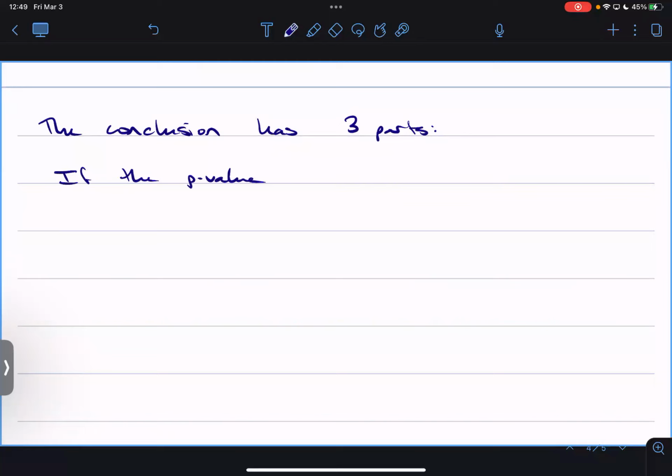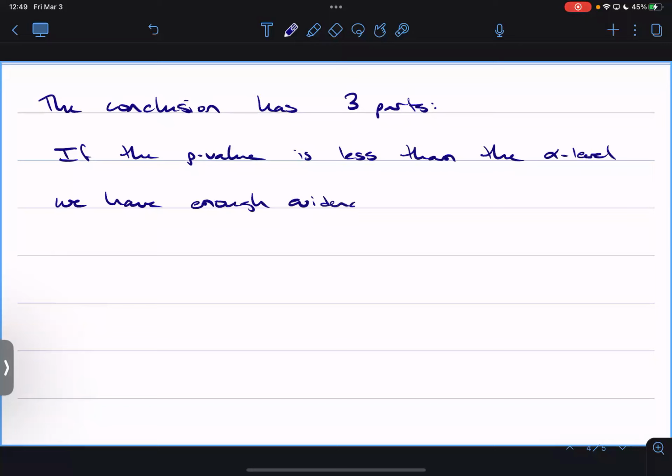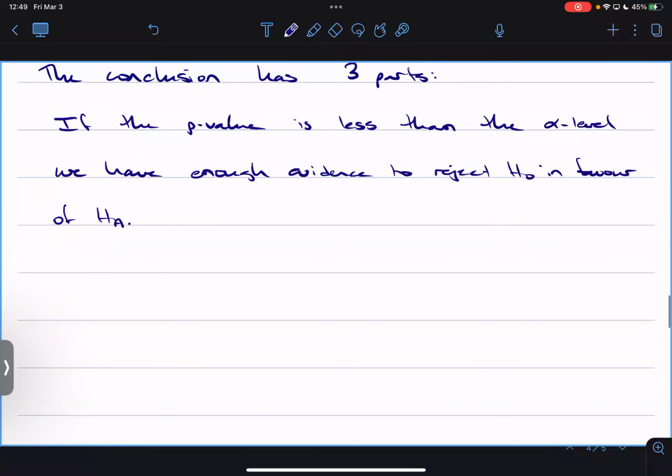And so if the p-value is less than the alpha level, we have enough evidence to reject H naught in favor of HA. And then the conclusion in terms of the question.